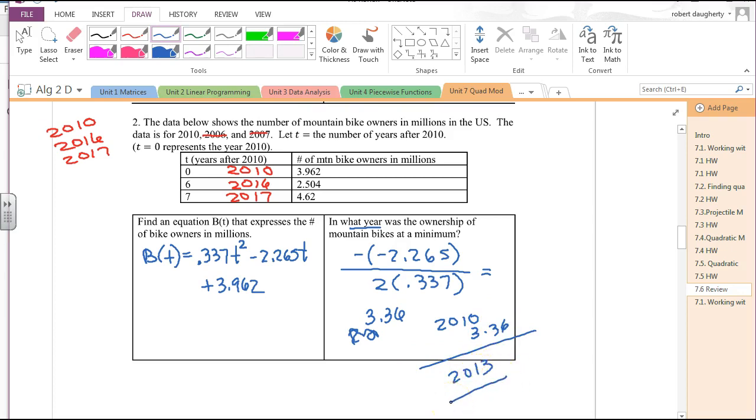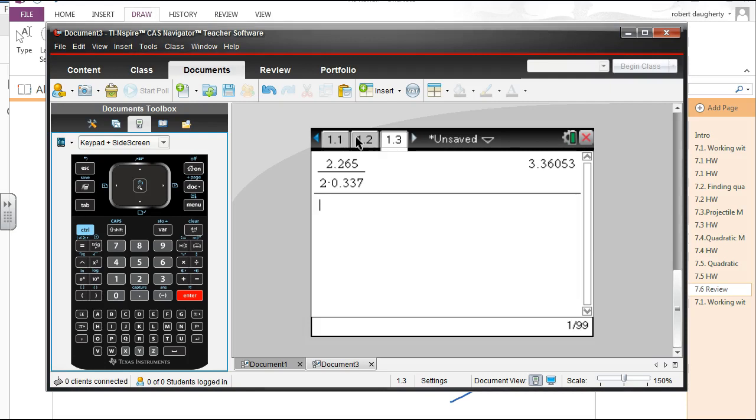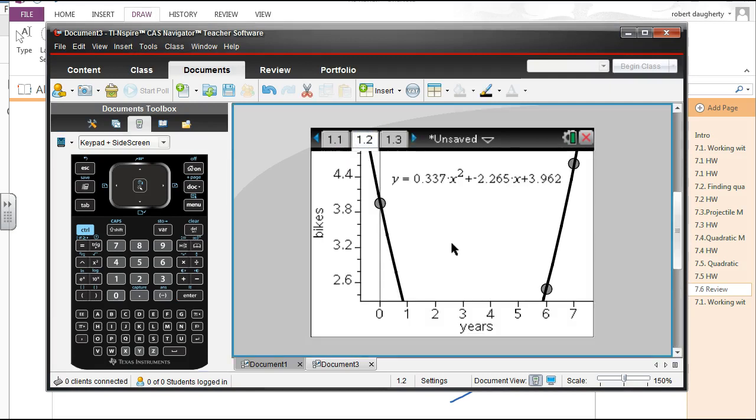If I look back at this, there's obviously a problem with this problem. Bike ownership doesn't go into the negative. If you look at that parabola we saw, the data is probably not well formed. At first I thought maybe the axis is scaled and it doesn't go all the way up, but it looks like it's going to hit and go negative, which is not the case.